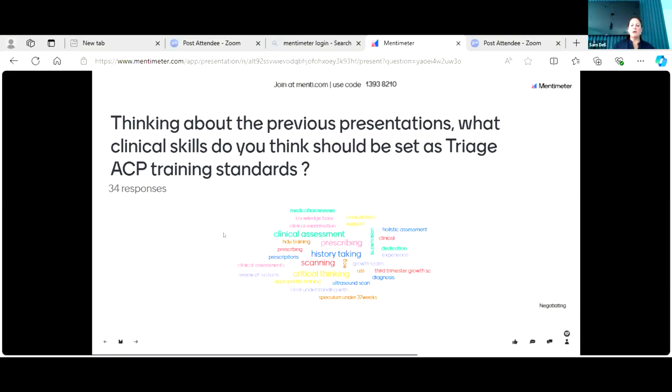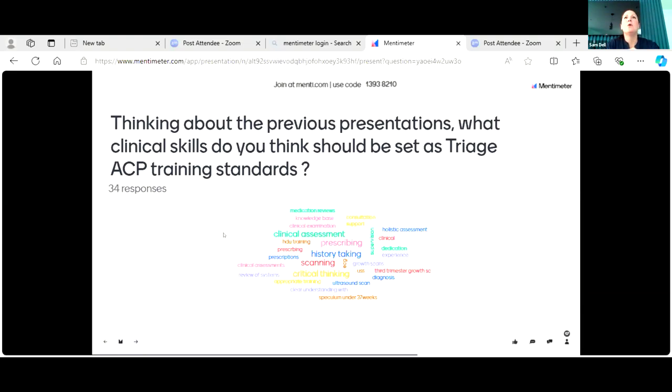So some really excellent answers that I'm going to take from here, and take all your answers to our next forum with the NMC, looking at these set triage standards, because I think it's really important that we set something that we are working towards.